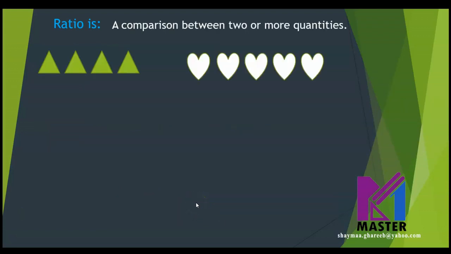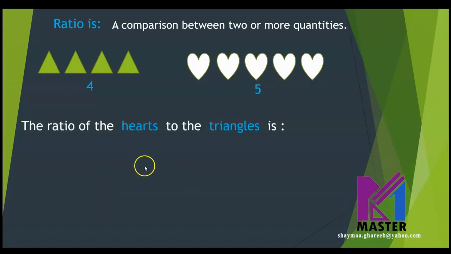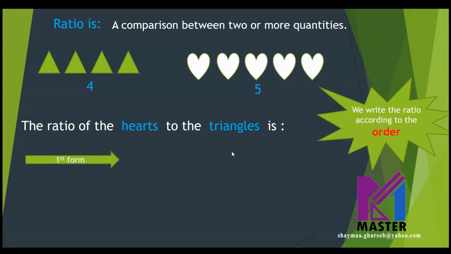Now, look at this example. We said the last time we found the ratio of triangles to hearts. This time, the question will be the ratio of the hearts to the triangles. So as we said, we have to write it according to the order.